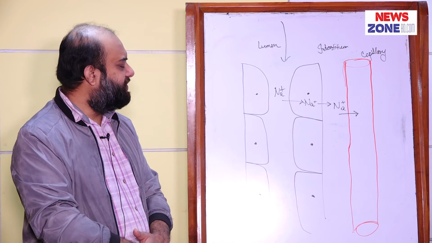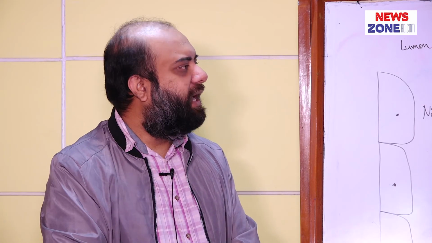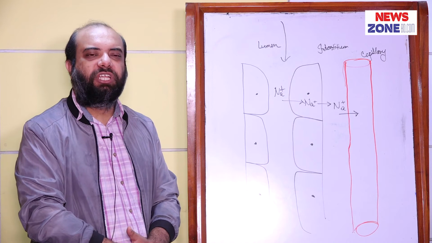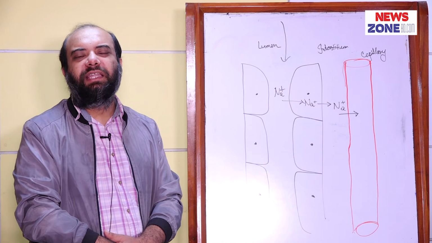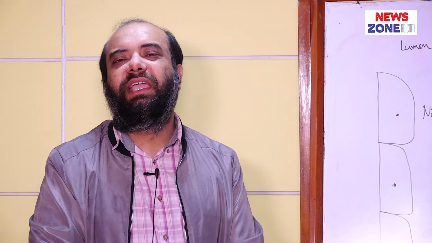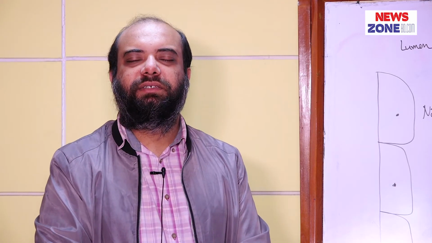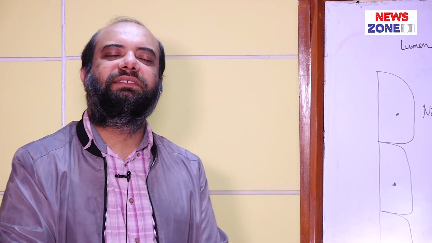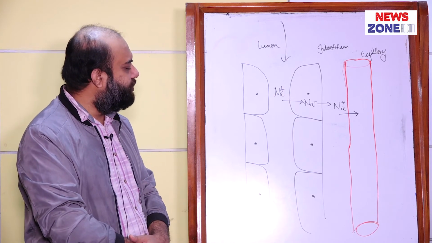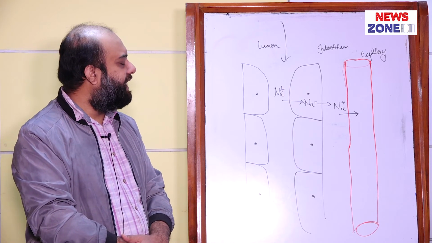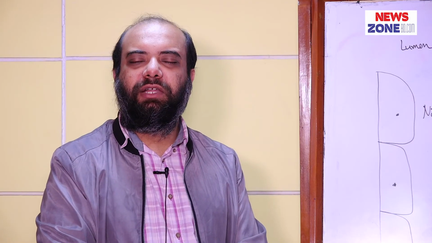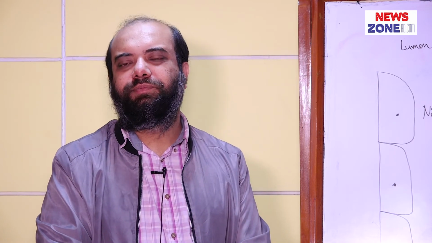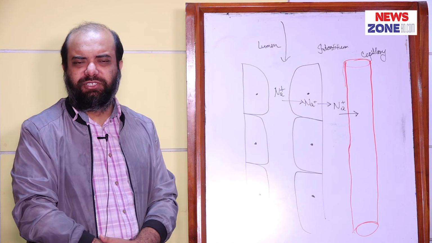And then the fourth segment is collecting tubule and collecting duct, and it is about 3% of total tubular load of sodium ion. Here a special mechanism is involved, that is ENaC channels. ENaC channels are specialized channels which are responsible for the movement of sodium ion, and in these channels 2 mechanisms are involved, that is sodium hydrogen exchange and sodium potassium exchange mechanisms.